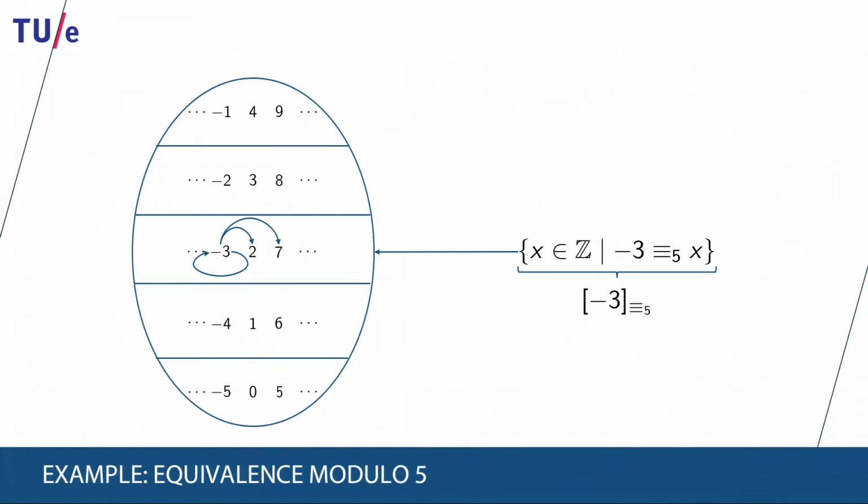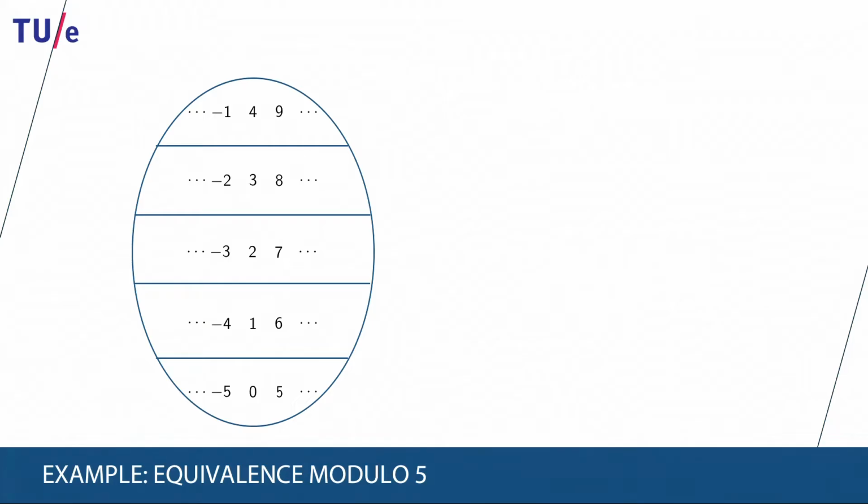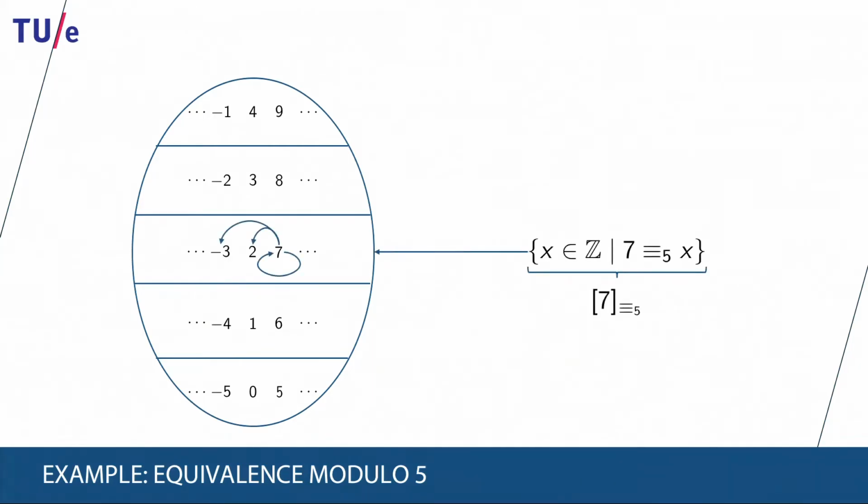We shall see shortly that this is not just a peculiar property of the relation is equivalent modulo 5, but a straightforward consequence of the fact that is equivalent modulo 5 is an equivalence relation. Yet another way to describe the considered group of integers is as the set of all integers equivalent to 7 modulo 5.